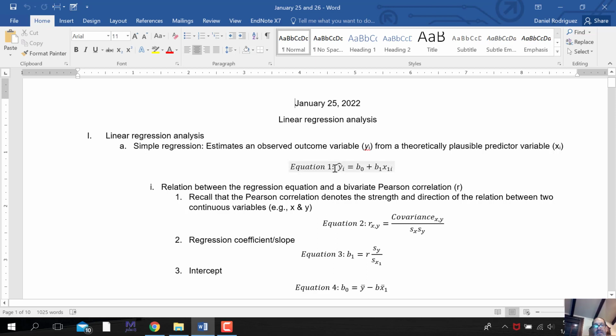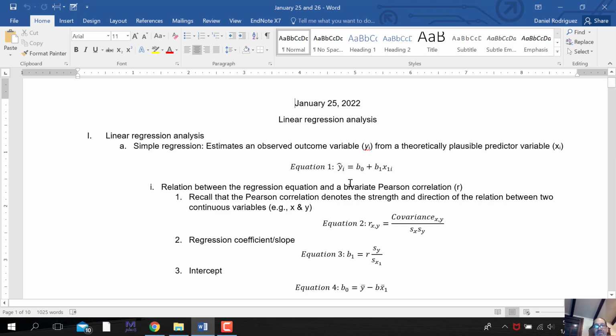The hat on the y indicates that it's a predicted value rather than an observed value. So here it's y sub i, there's no hat on that. This means an observed value. So we look in the data, we see the value, that's an observed value. The i subscript means individual unit, whether it's a person, cat, school, car, whatever we're studying.